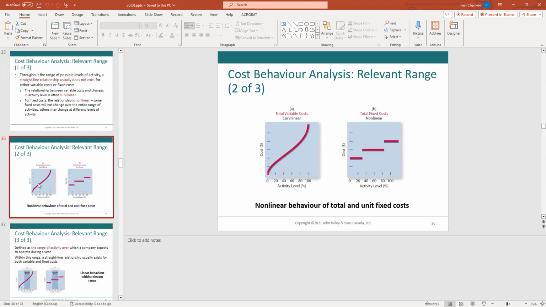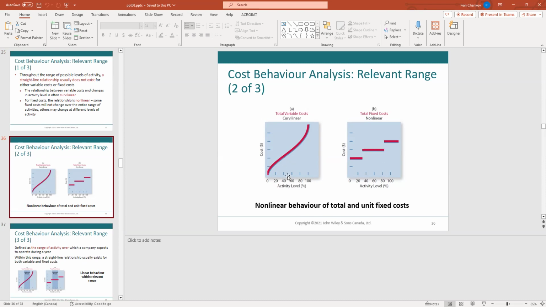How are we gonna find the cost behavior? We're gonna find the straight line, and within that straight line, where the line is straight, we're gonna cut it, and we're gonna try to find a formula so we can express the cost. So out of those, we're gonna find out that this is the relevant range for the fixed cost between 40 and 80.